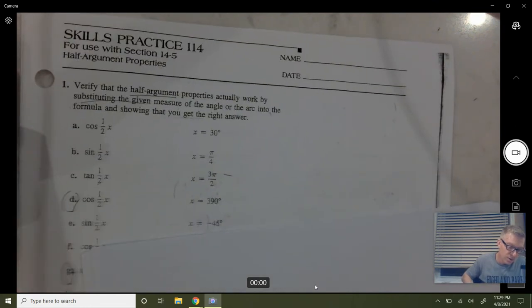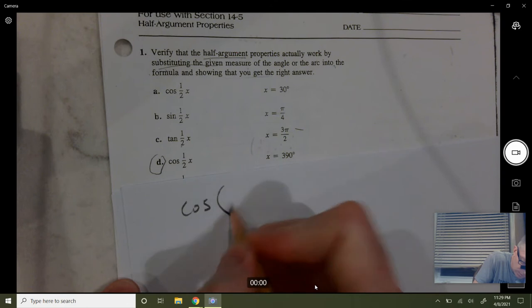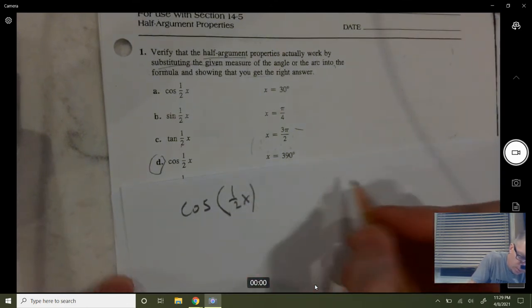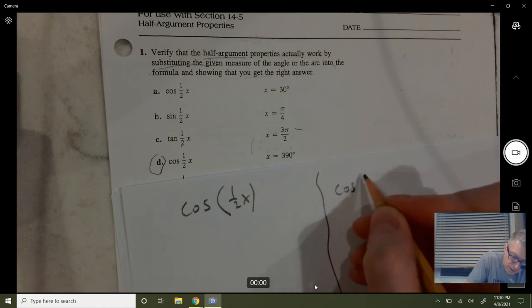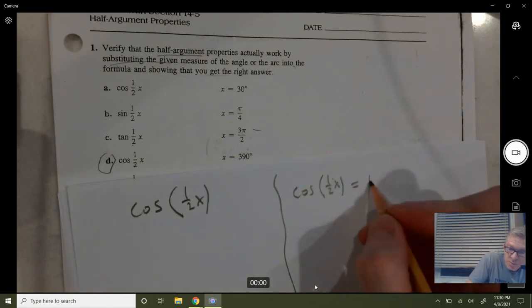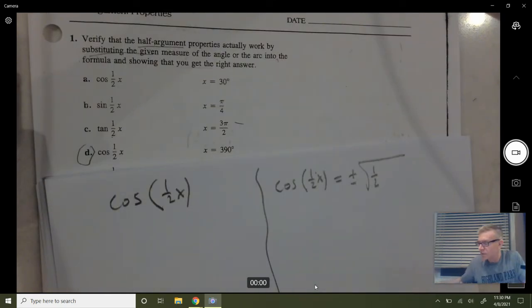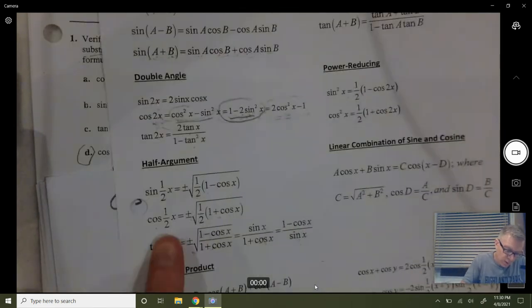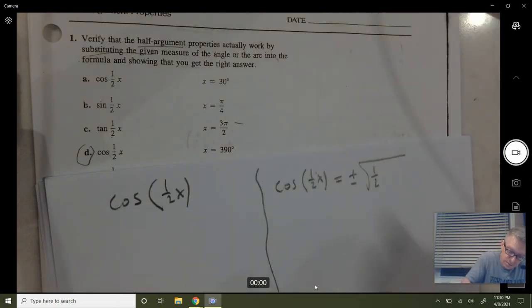So I'm going to do cosine of 1/2 x directly, and then I'm going to do cosine of 1/2 x using the formula, which is plus or minus square root of 1/2 times, let's just show where this is coming from. Cosine of 1/2 x is plus or minus 1/2 times 1 plus cosine x.